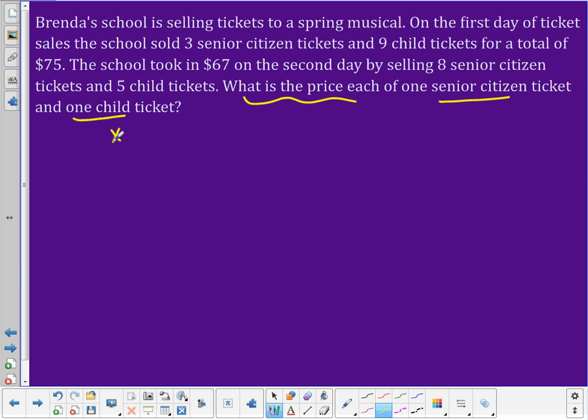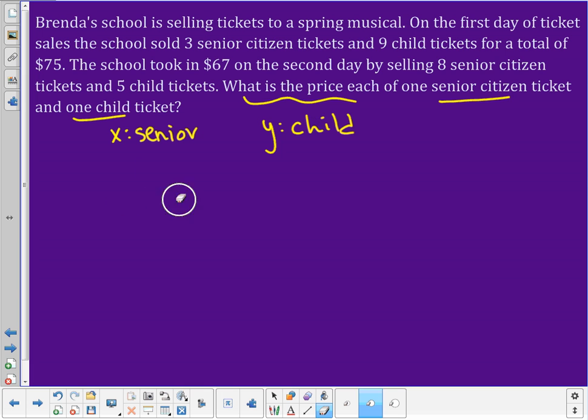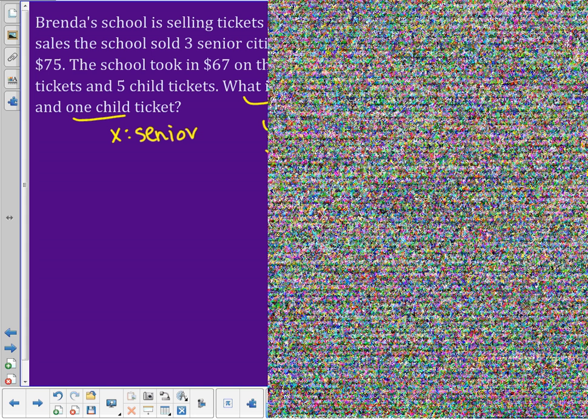Here we go. X, I'm going to call senior ticket. Y, I'm going to call child ticket. So I have X plus Y. No, sorry, that's wrong. I thought I had a total number of tickets, but I don't. I have the 2 different days. That's what I need to write.